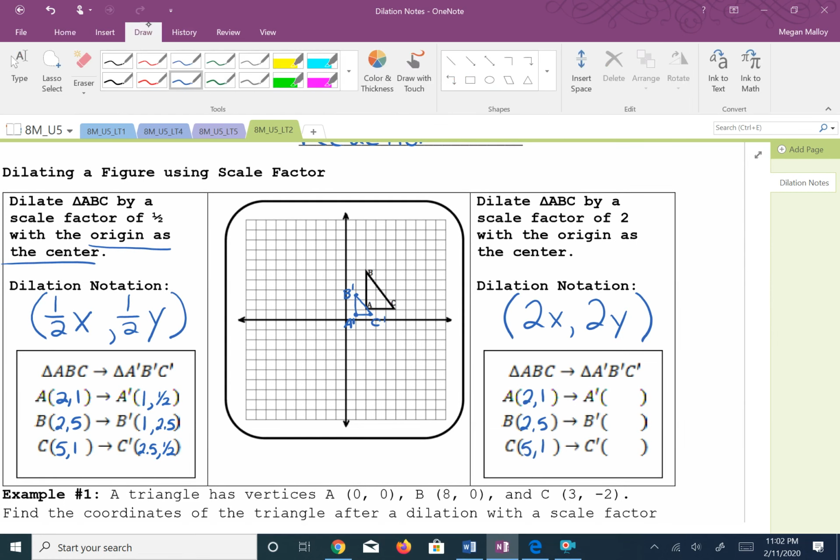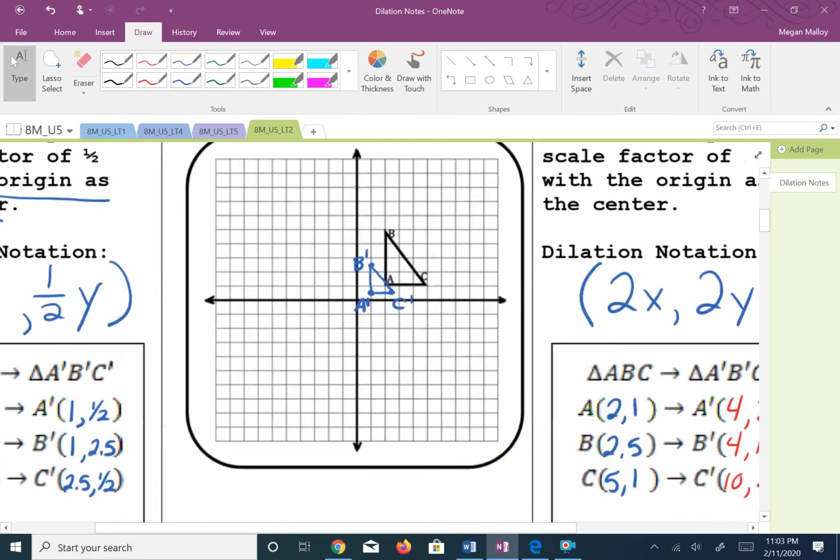Let me change colors here. Okay, and so if I'm dilating my pre-image A, 2 times 2 is 4, 1 times 2 is 2. B, 2 times 2 is 4, 5 times 2 is 10. C, 5 times 2 is 10, and 1 times 2 is 2.